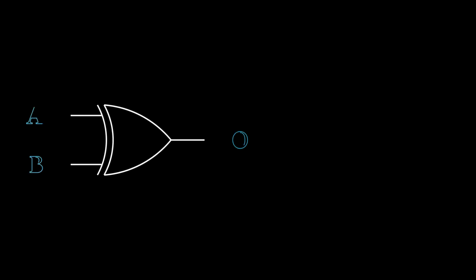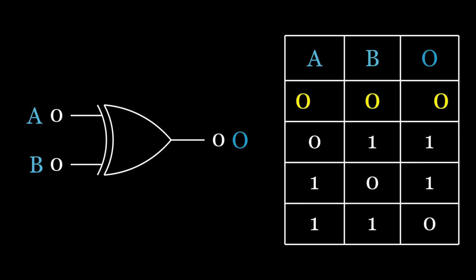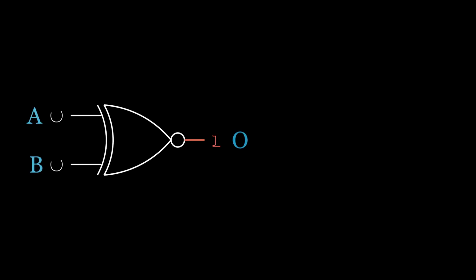And here's where it gets a little bit complicated. Exclusive OR gate. It is similar to the OR gate, but when both of the inputs are 1, the output is not 1, but is 0. So there are 2 0s and 2 1s on the output side. And the NOT function can also be done to the exclusive OR gate or the XOR gate to create the XNOR gate.